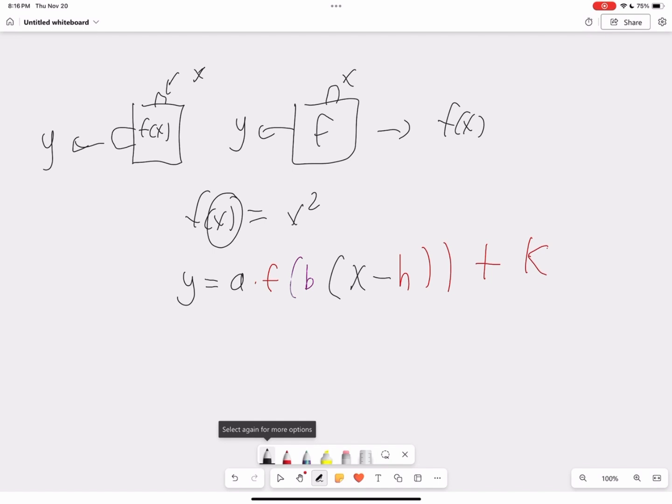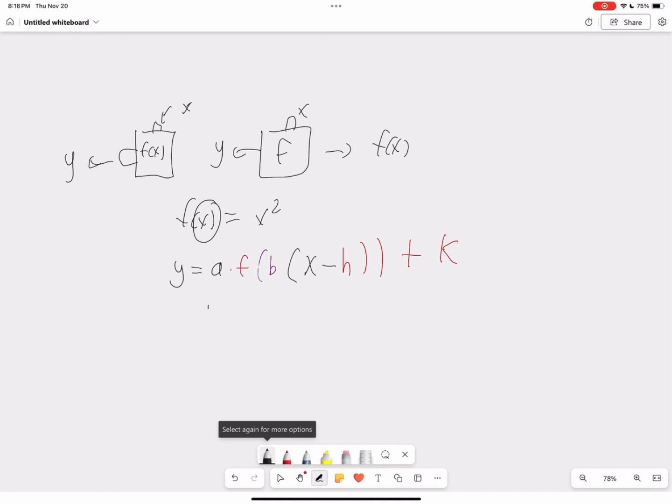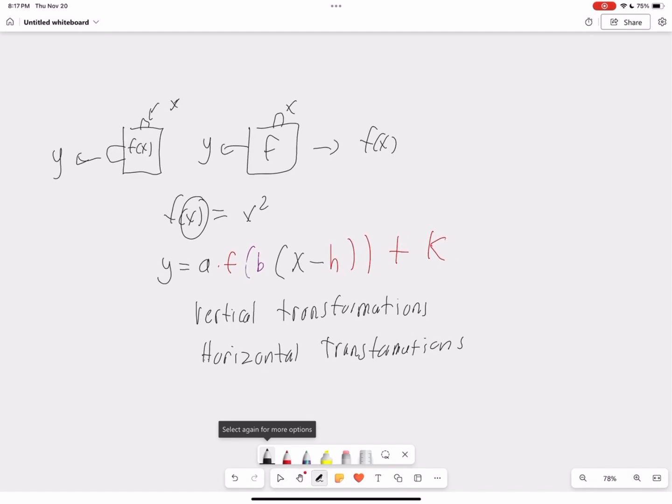You have to remember, you have to know these. You have the vertical transformations, you have the horizontal transformations. These are what these describe.